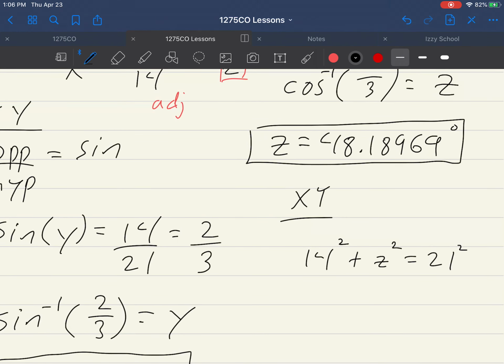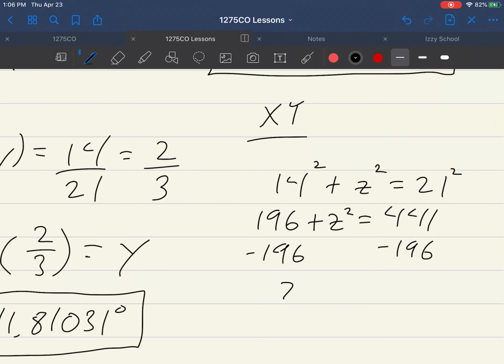This is going to be 196 plus z squared is equal to 21 squared, which is equal to 441. Subtract 196 from both sides, and z squared is equal to 245.